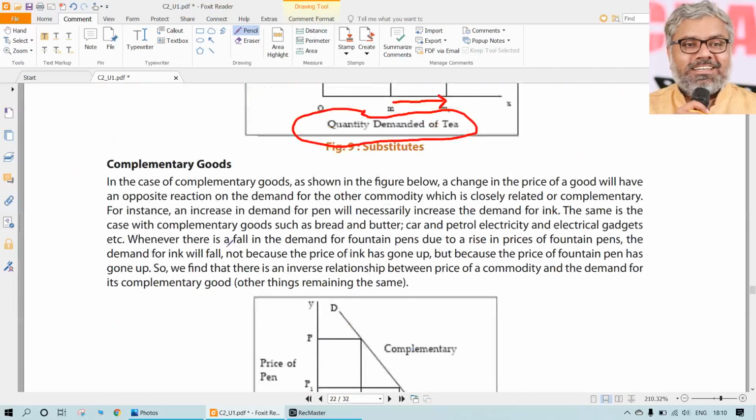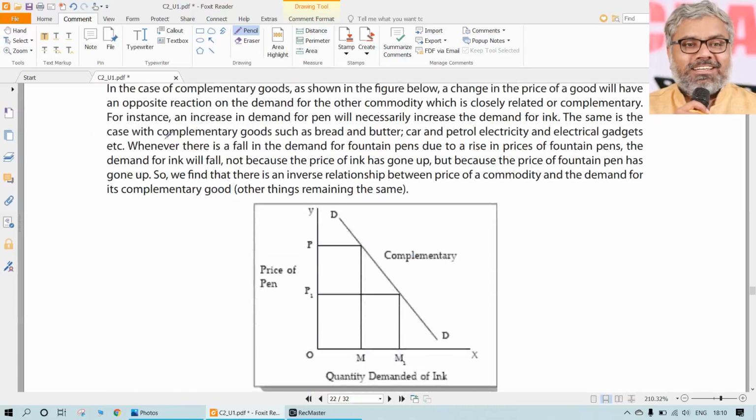What if it is complementary commodities? It is naturally reversed. Now look at this. Price of the pen increased, or let us say decreased, either way you can do that. If the price of the pen increased, what happened here?